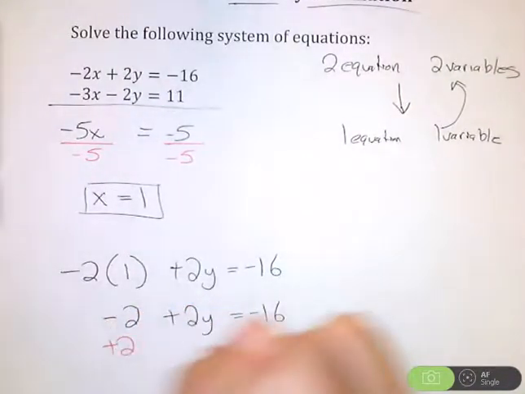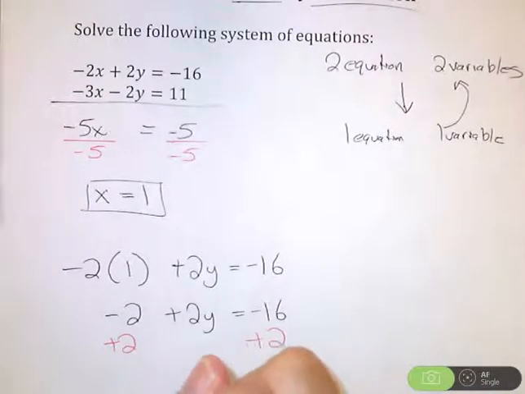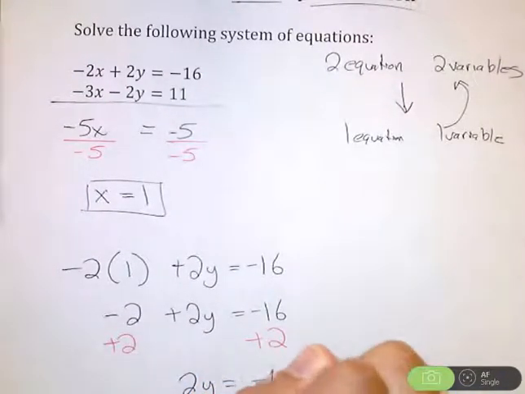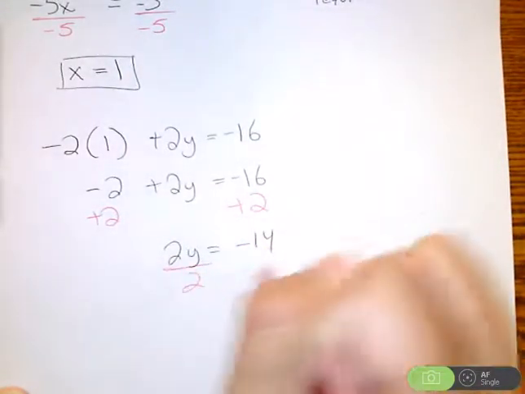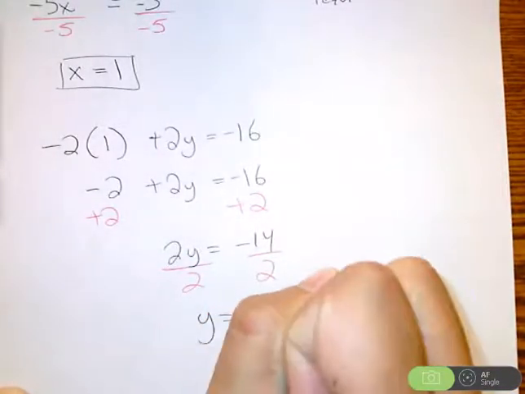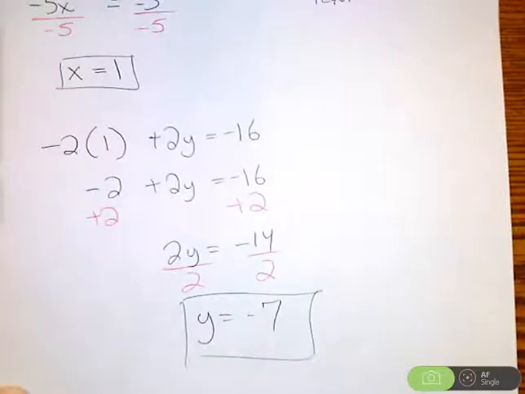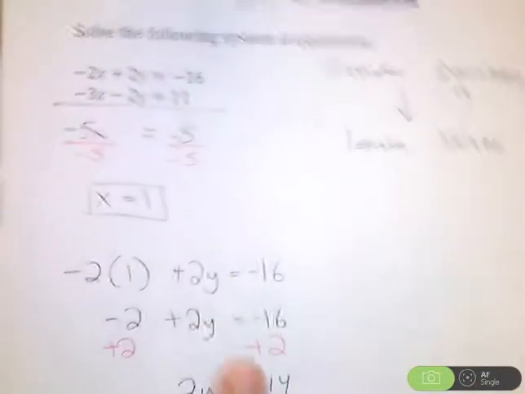I just want to isolate my variable here, so I'm going to add 2 to both sides. So I have 2y equals negative 14. Then I'm going to divide by 2, and I find that y equals negative 7. So the answer to this system is x equals 1, y equals negative 7.